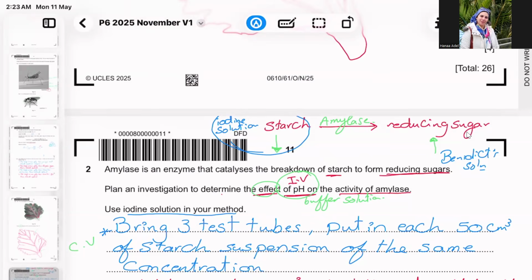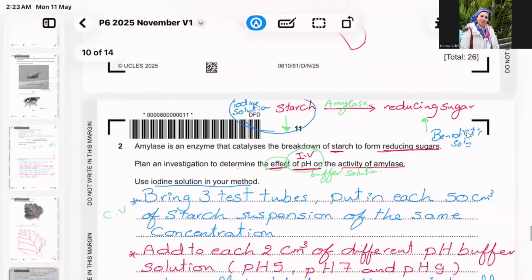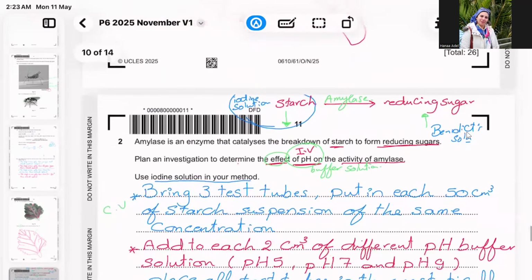So add to each 2 cubic centimeter of different pH buffer solution. For example, pH 5, pH 7, and pH 9. So why do I choose these values? Because 7 is neutral, 5 is acidic, and 9 is alkaline. And then we have to keep the temperature maintained or constant.